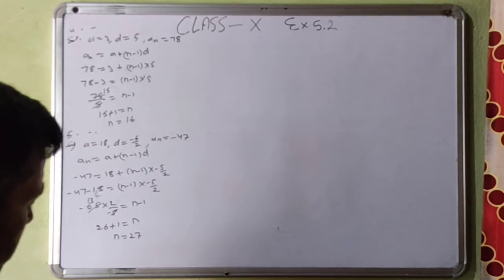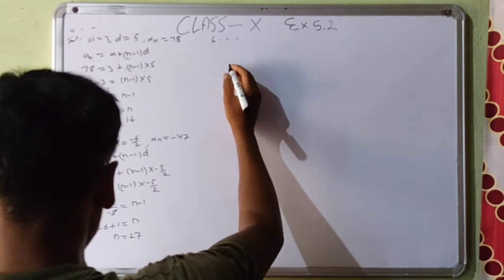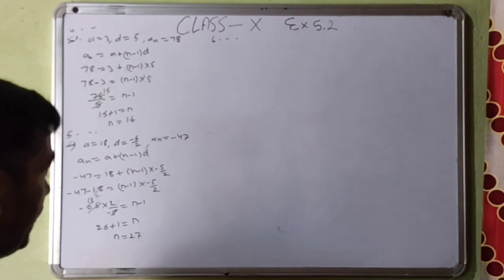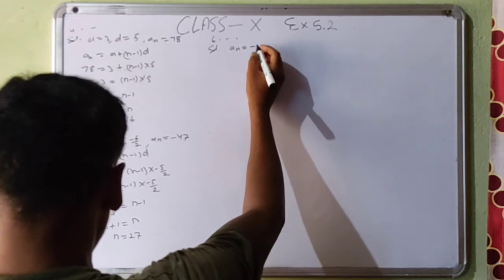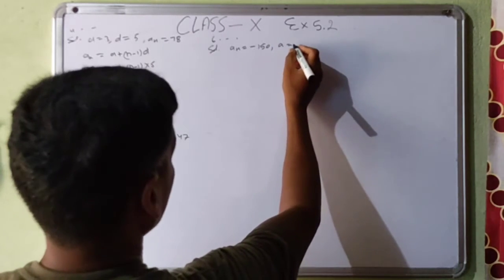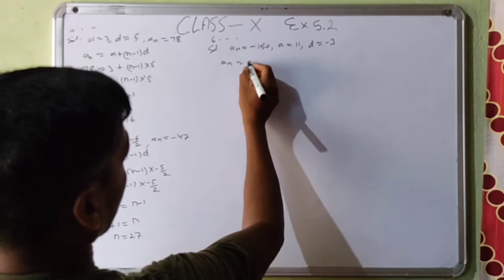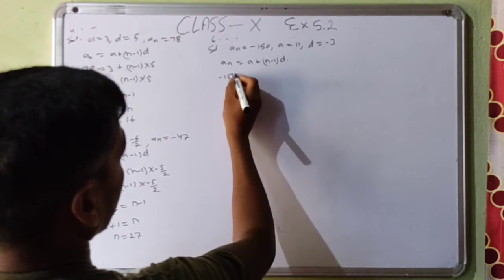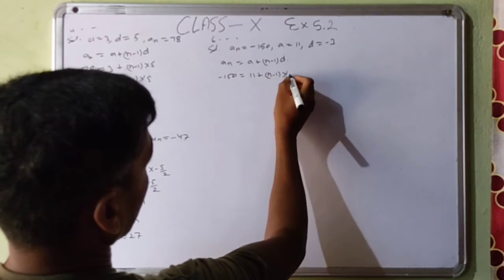Now the question number 6. Question number 6, check whether minus 150 is a term of the AP. So AN is equal to minus 150, A is equal to 11, D is equal to minus 3. So AN is equal to A plus N minus 1 D. So AN is minus 150, and then 11 plus N minus 1 into minus 3.